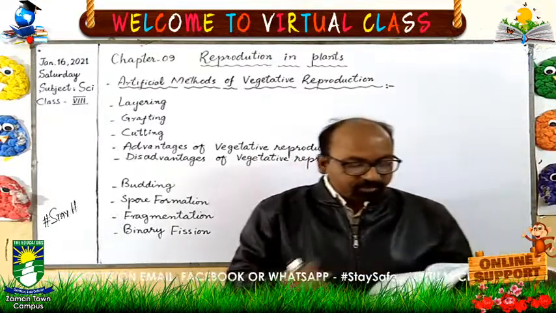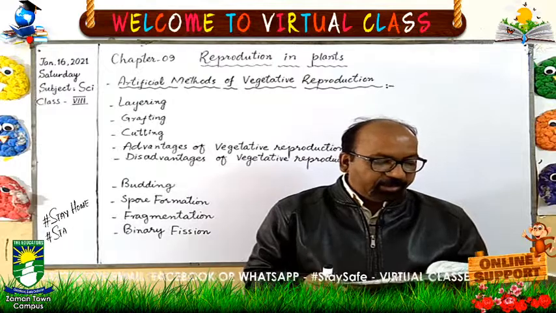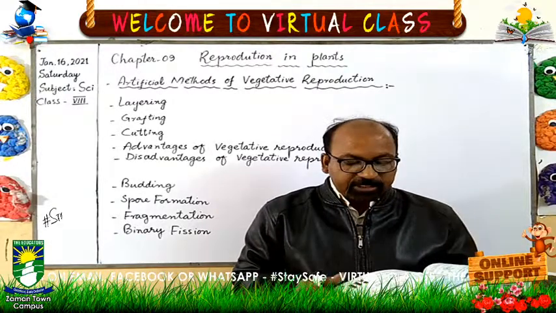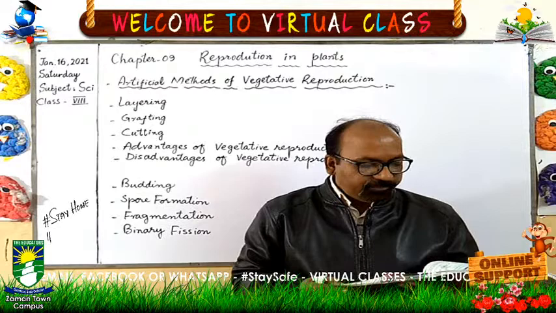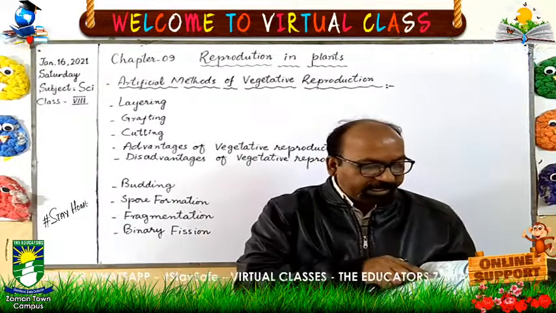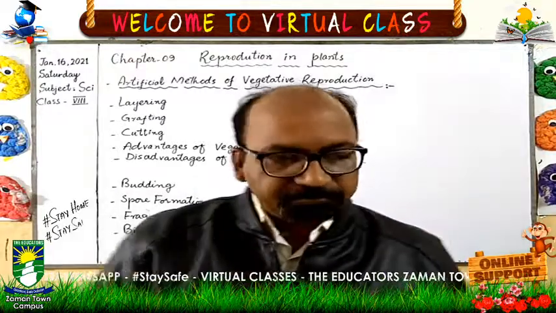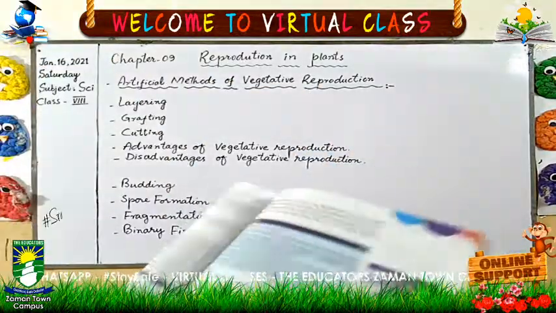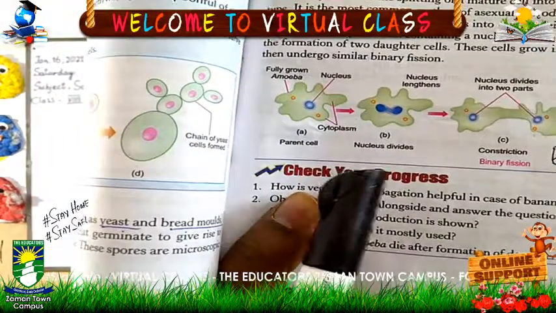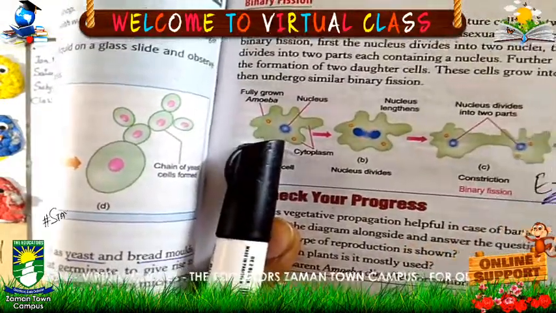binary fission. So here, one amoeba is divided into two, showing different stages of binary fission, which are A, B, C, D and E. Here just see. It's one complete amoeba.